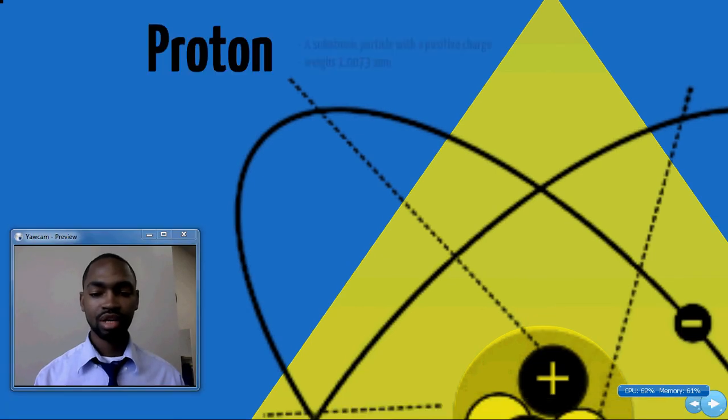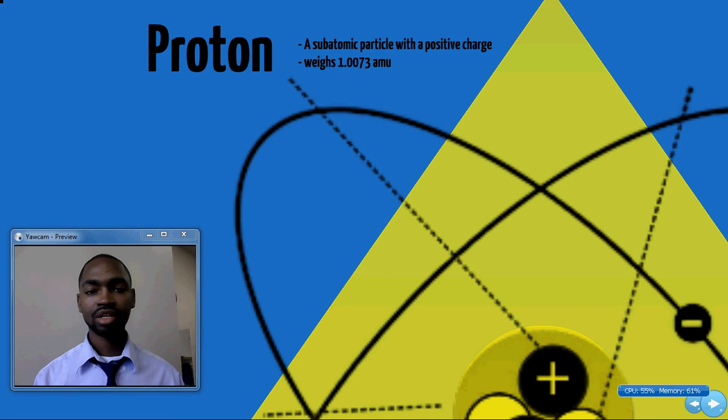The proton is a subatomic particle with a positive charge, and it weighs 1 and 73 thousandths atomic mass units. All right, so it's almost 1. It's only a little bit bigger than 1 atomic mass unit. And the proton can be seen here on the model with a plus charge on it, because the plus shows that it has a positive charge. So there's a plus sign for the proton because it has a positive charge.